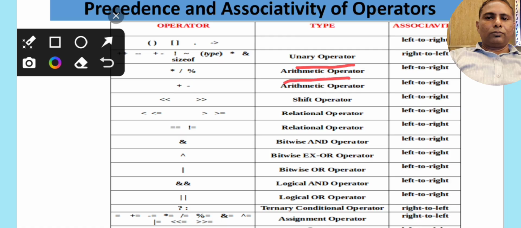Usually all students run: A for arithmetic, S for student, S for shift operator. Then R for relational operator. Then we have bitwise operators, then logical operators. Then T for ternary operator. Then A for assignment operator, C for comma operator. So the comma operator has the lowest precedence.